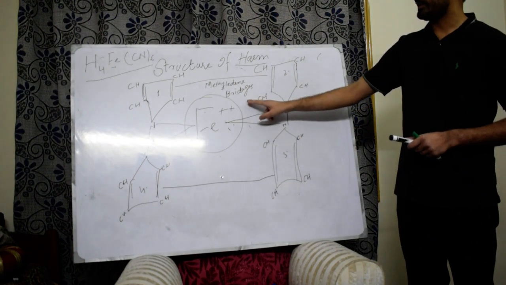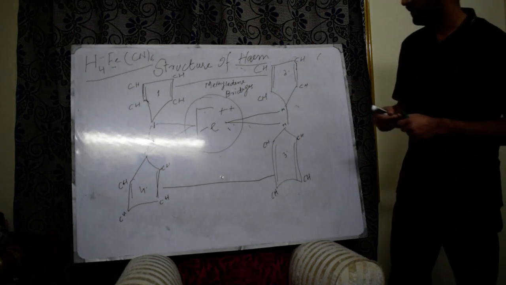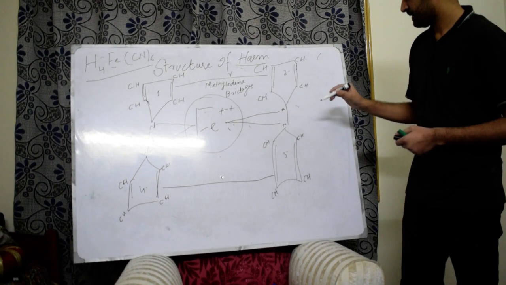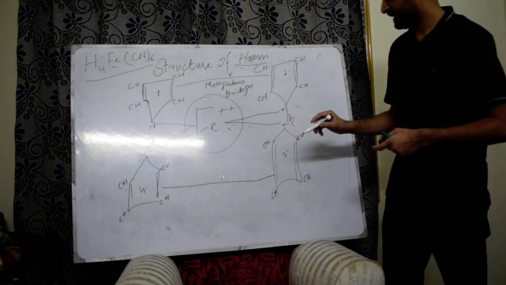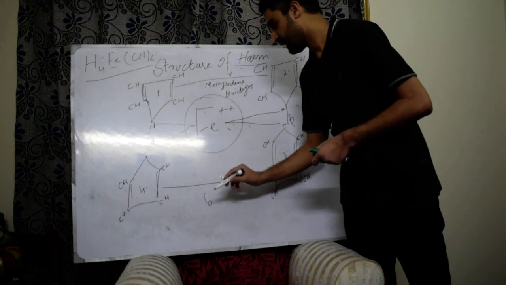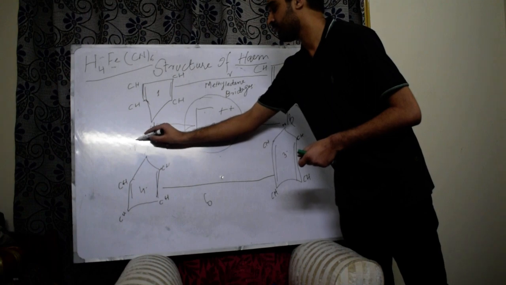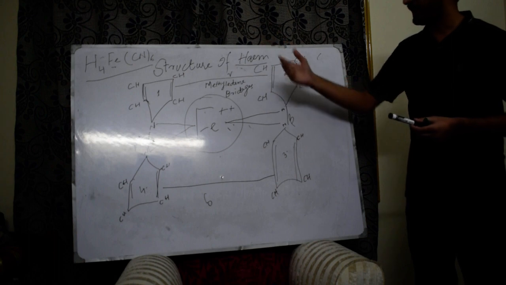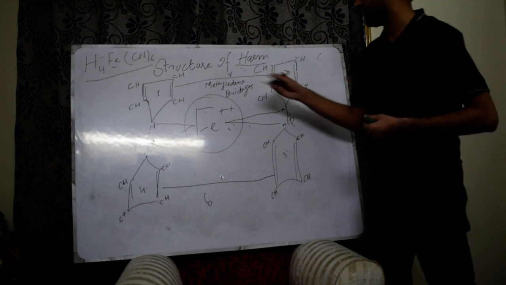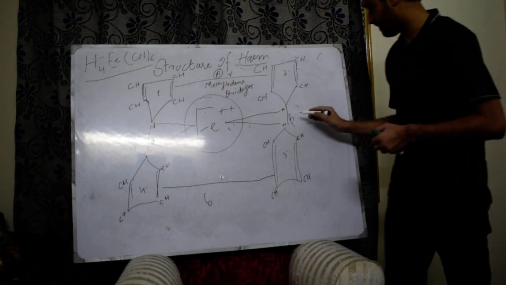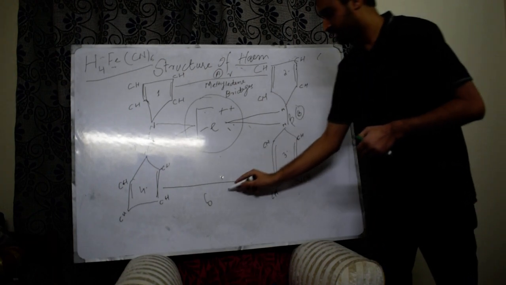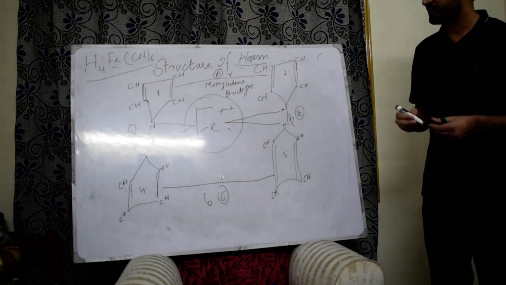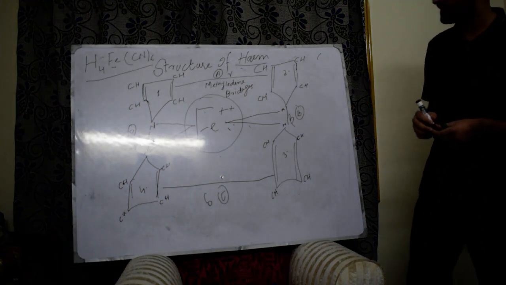And to separate the methylidine bridges from one another, we also classified them as alpha, beta, gamma and delta. You can call them A, B, C, D, or 1, 2, 3, 4, whatever you want, so that they can be differentiated from one another.